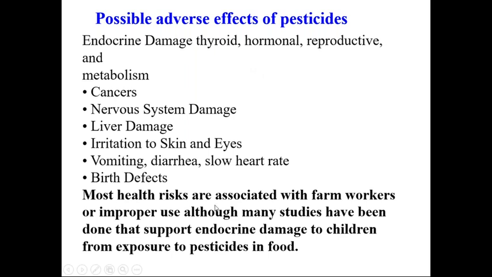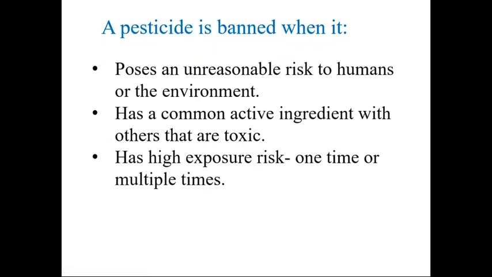It is mainly due to improper use that these health risks have been caused. So a pesticide in any country or in the world is banned when it poses an unreasonable risk to humans or the environment, or it has a common active ingredient with any other chemical that is toxic, and it has a high exposure risk one time or multiple times.